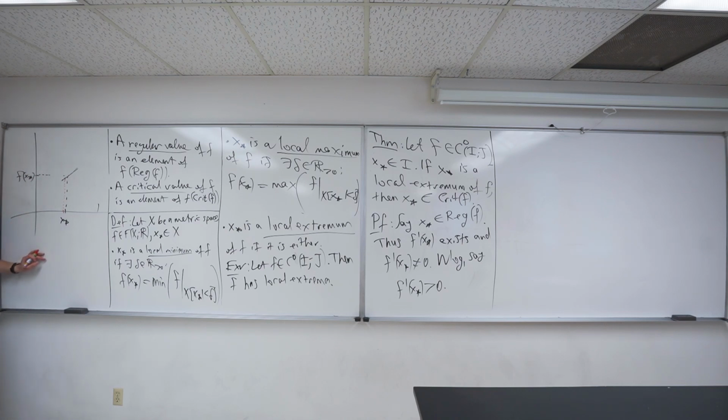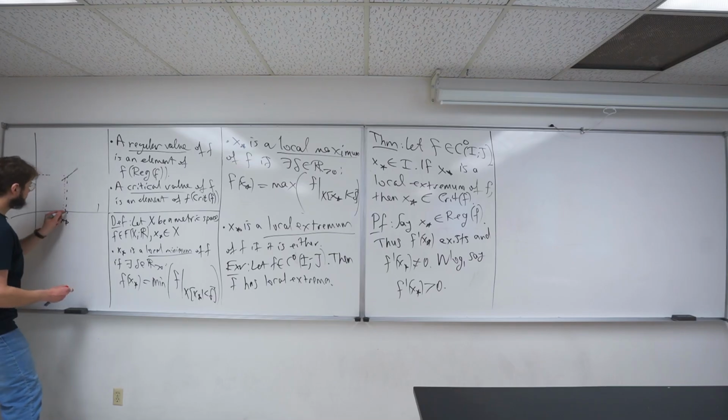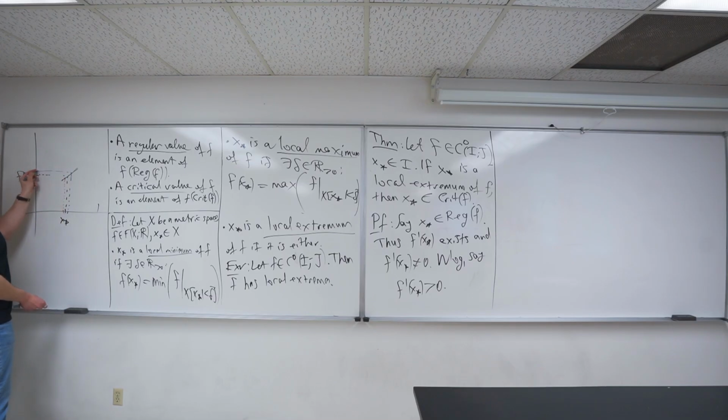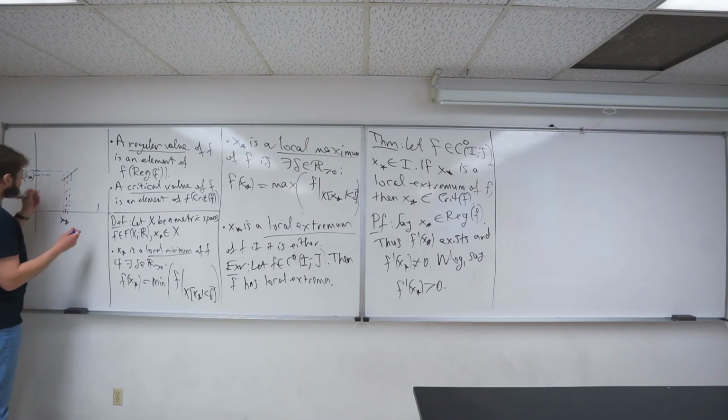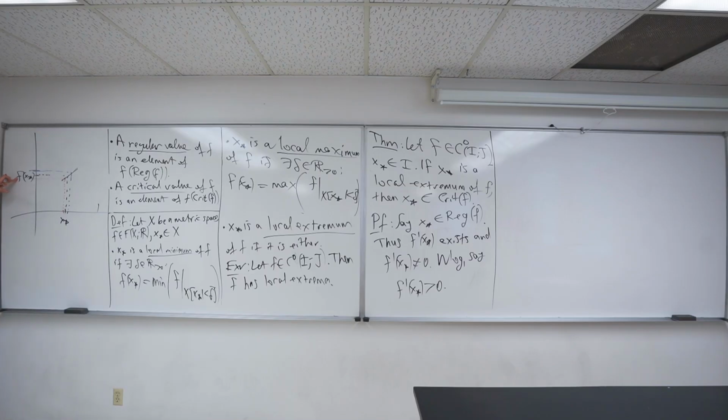Hence, that would allow me to conclude that x star cannot be a local minimum. And likewise, I'm going to do the same thing from the other side, which is going to give me some point whose image dominates f of x star, concluding that this is neither a local min nor a local max. That's the idea.